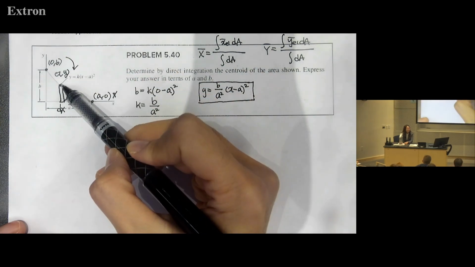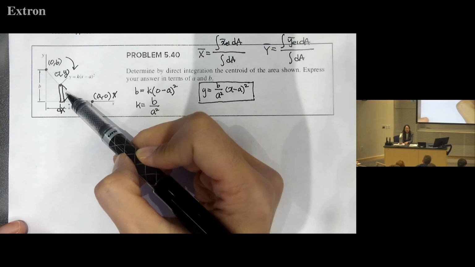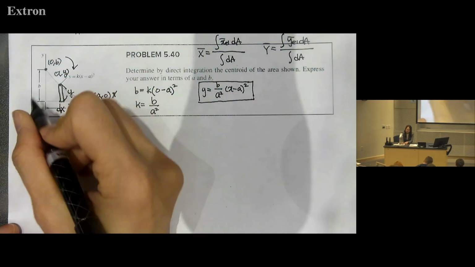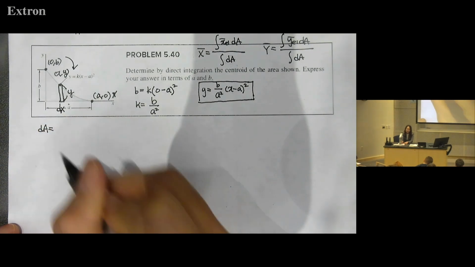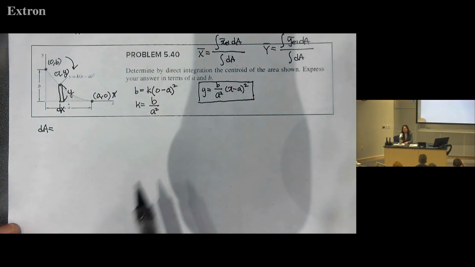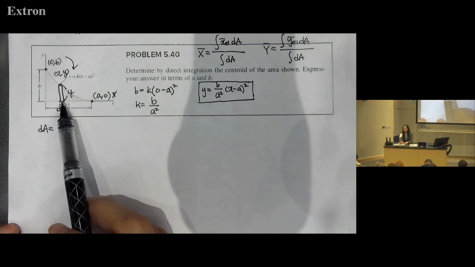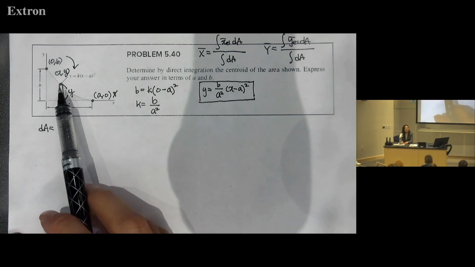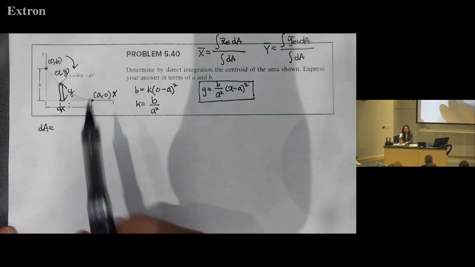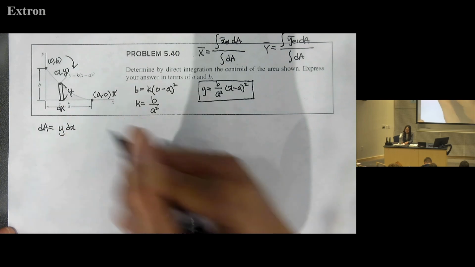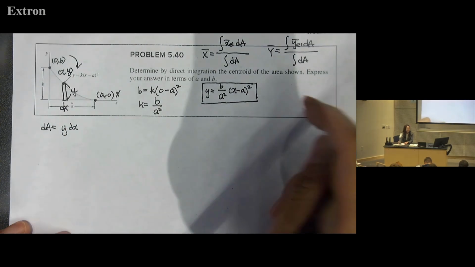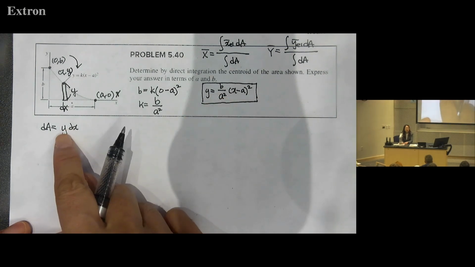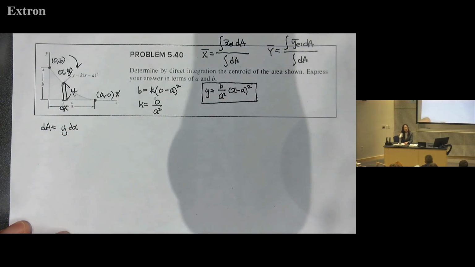If the coordinate of this point is x comma y, the height should be y. Now we can define dA. dA is the area of this strip. It's a rectangle, so base times height: y times dx. And now we have this y function, so we can substitute it here to conduct the first integration, right?